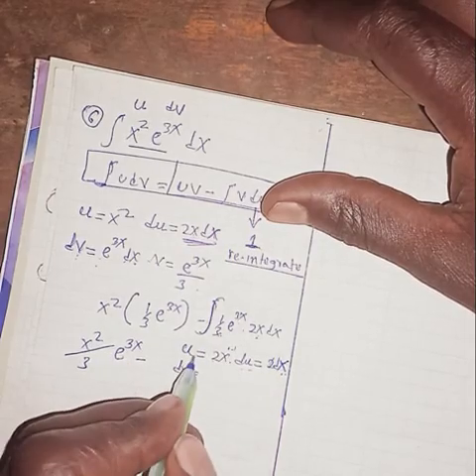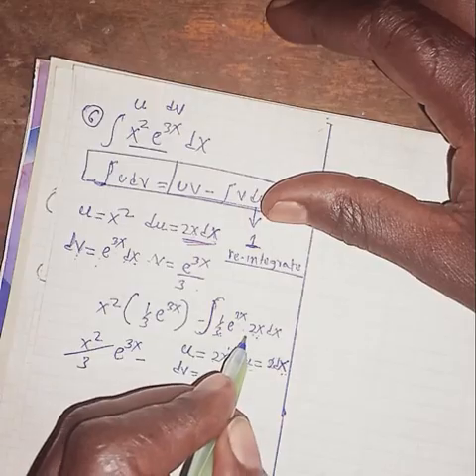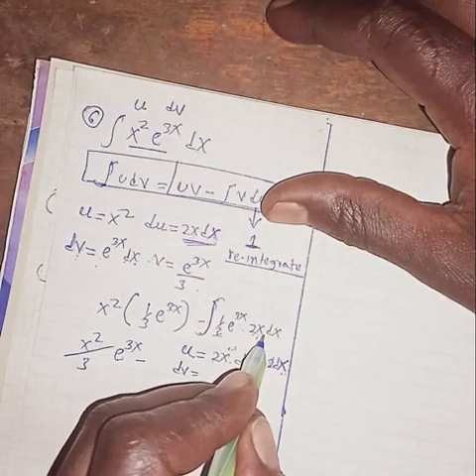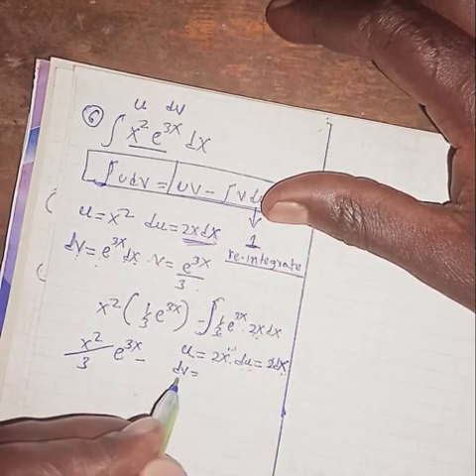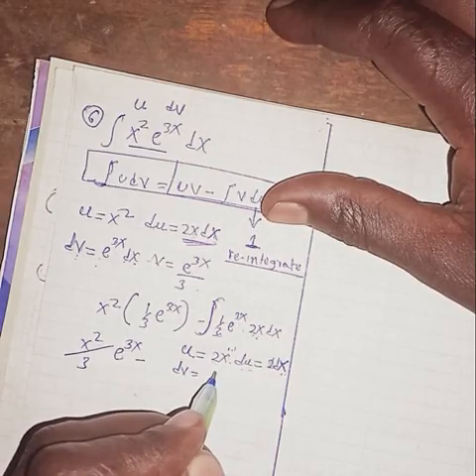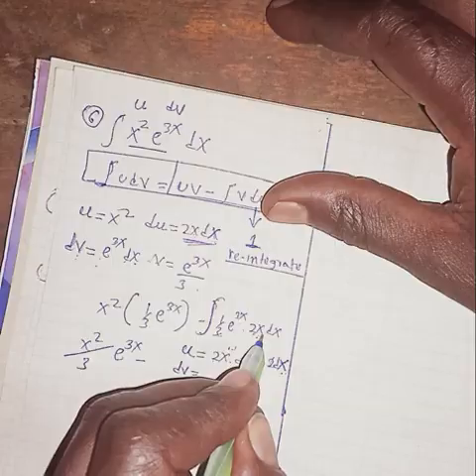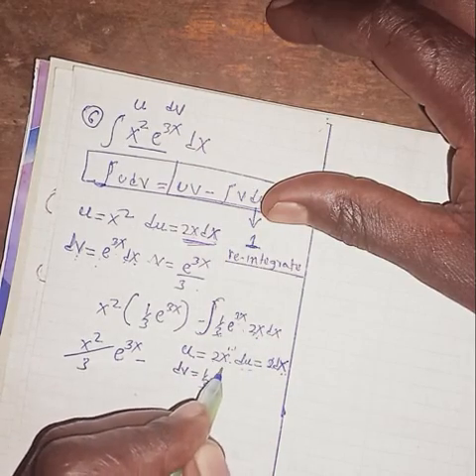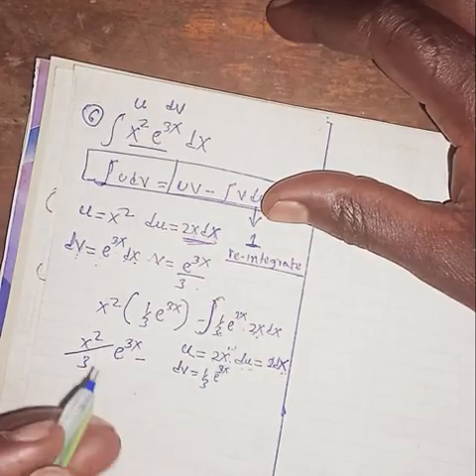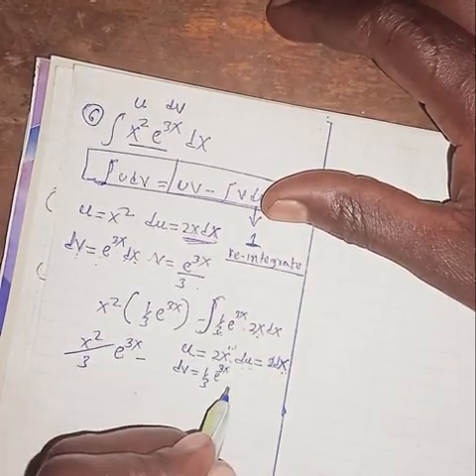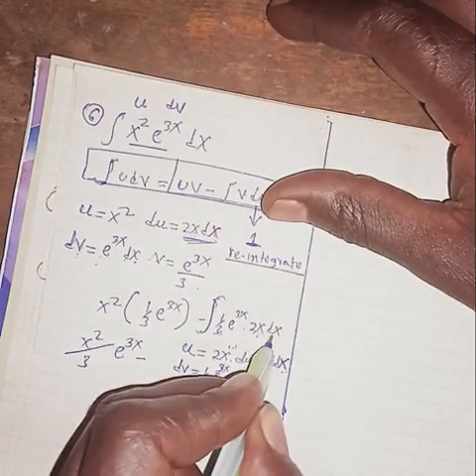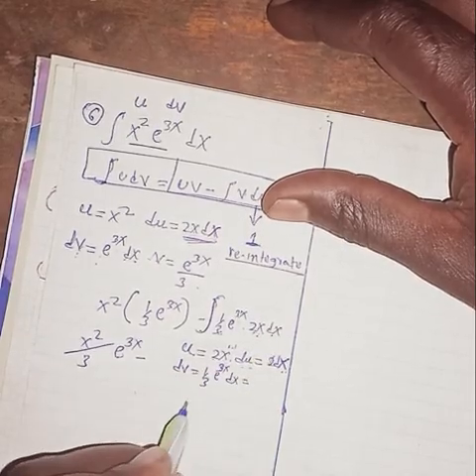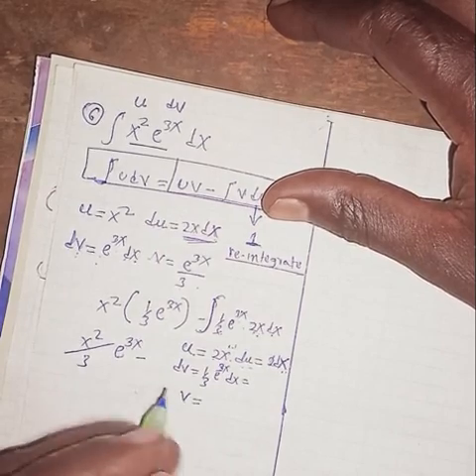If you have taken u to be 2x, dv definitely will be the remaining, 1 over 3 e raised to 3x dx, because of this dx. So now we can find v.